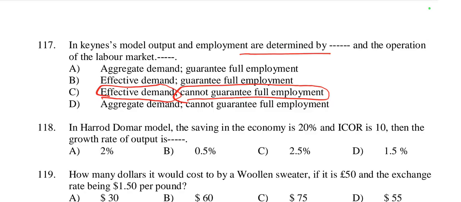Classical economists believe in full employment equilibrium, but Keynes believed in underemployment equilibrium. So full employment is a rare case according to Keynes. So the concept of effective demand and underemployment was given by Keynes. So here the right option is option number C.